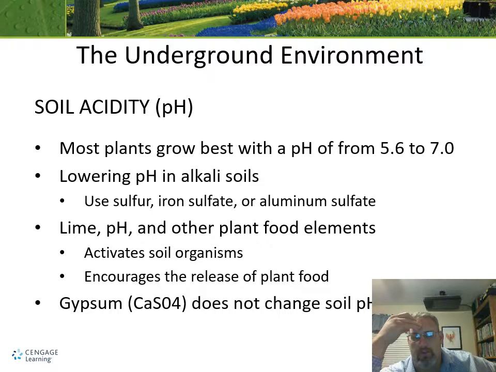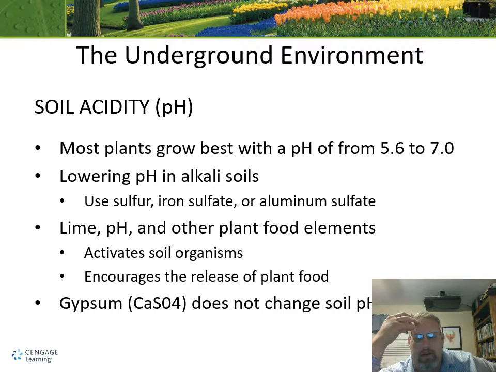So you have to use certain things that will lower the pH, and these are often sulfurs, sulfates. They actually create a weak sulfuric acid within the soil when they come into contact with water, and that will help lower the pH. Unfortunately, a lot of these changes are temporary and need to be continual applications.